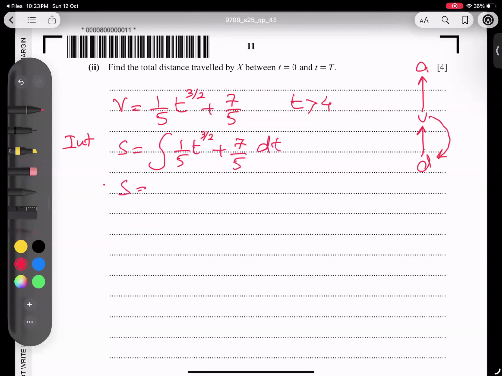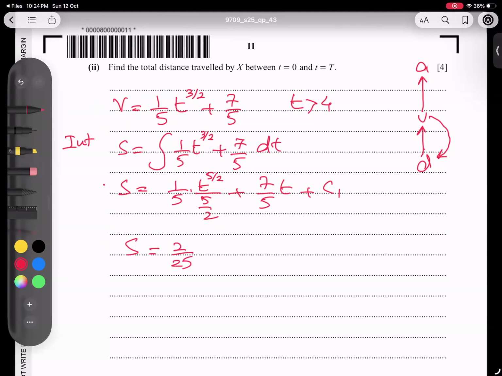So when I integrate, what is the rule of integration? Increase the power by 1, so 5 by 2 and over 5 by 2. And 7 over 5 becomes 7 over 5 into t. Okay, this is clear. And plus C1. What about this? If you check it, the 2 will flip up and we get 2 over 25.